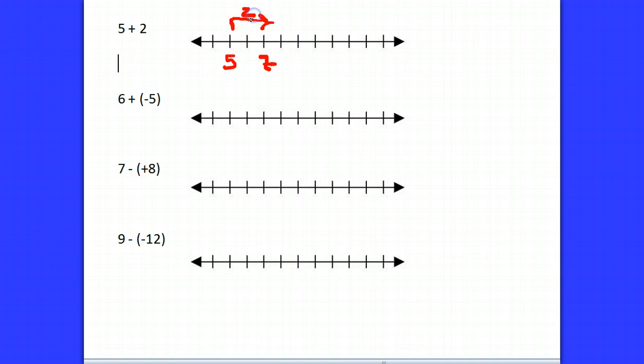If I start at 6 and add a negative number, it pushes me in the negative direction: 6, 1, 2, 3, 4, 5 spaces. So adding a negative moves you in the negative direction.